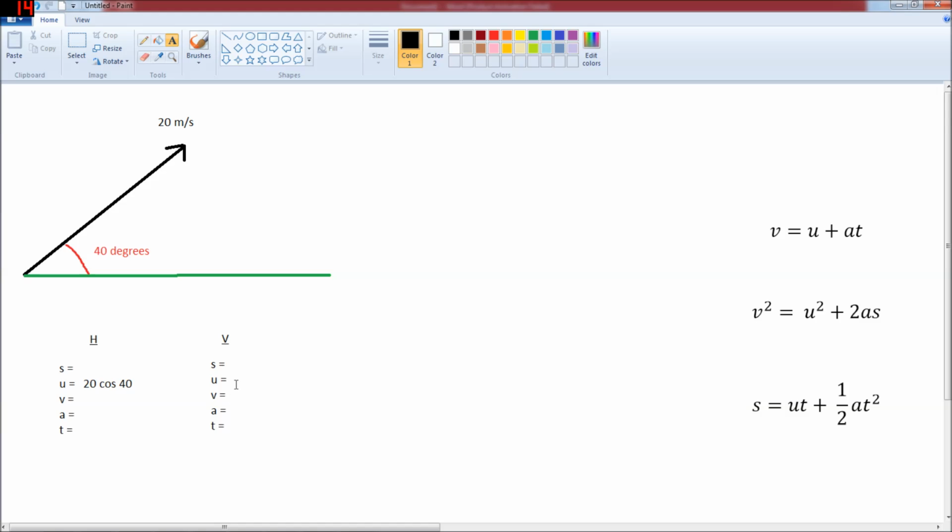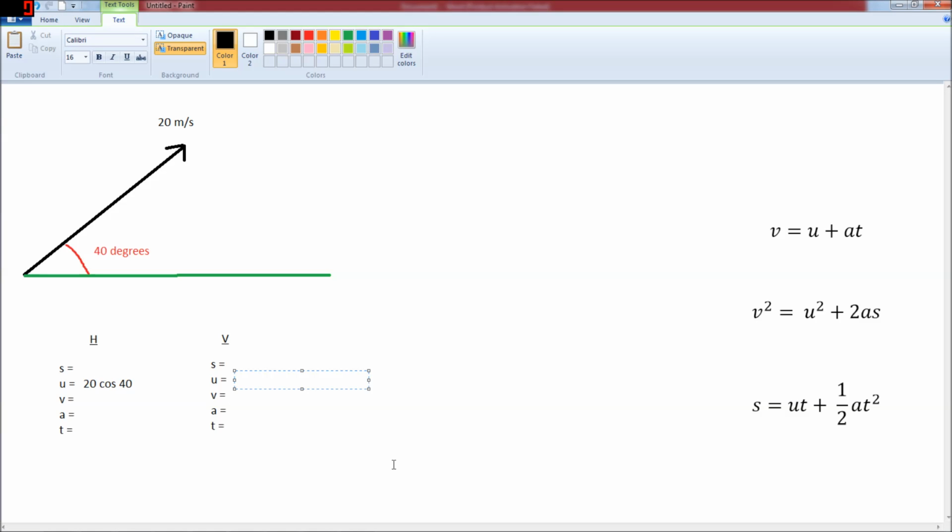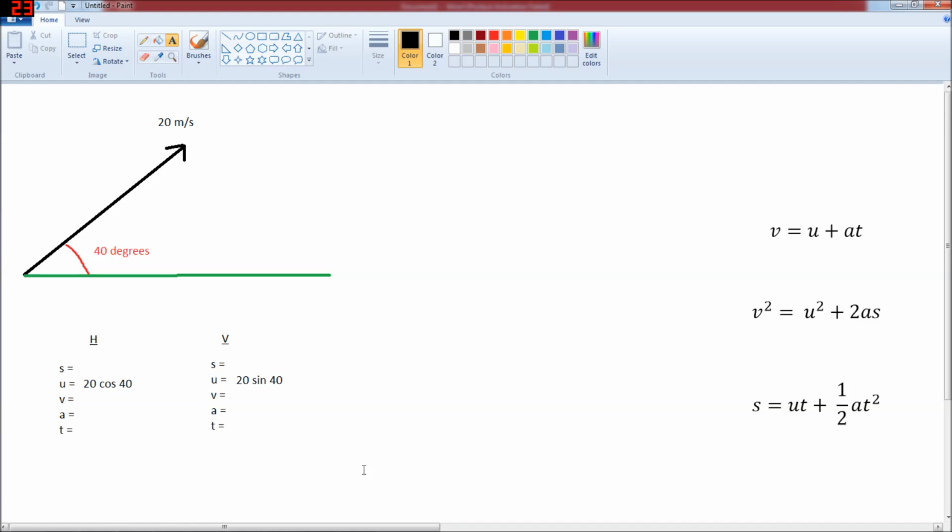The vertical initial velocity is 20 sine 40. If you're not sure how I've done that, go back and look at trigonometry, at resolving the vector. So taking this 20 vector, which is a velocity, and resolving it to horizontal and vertical.